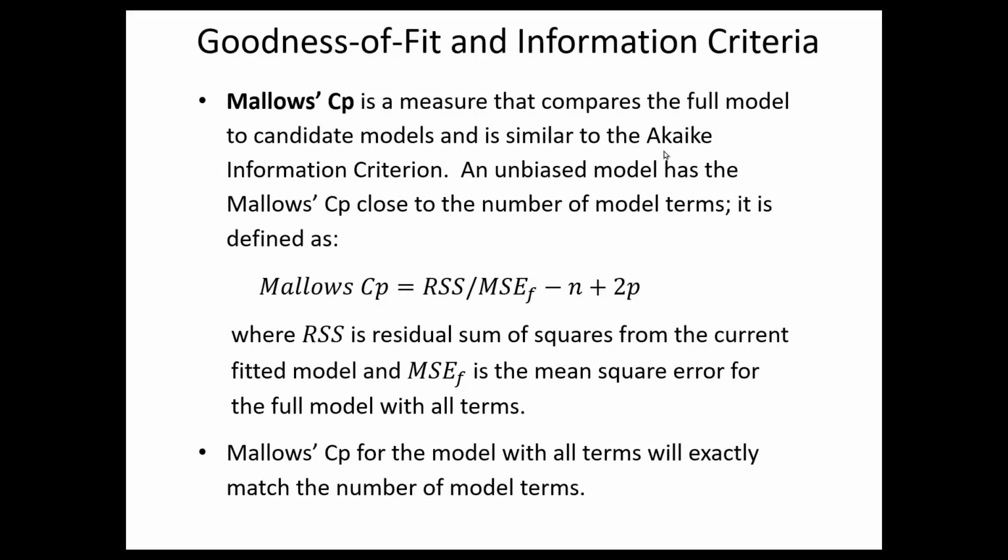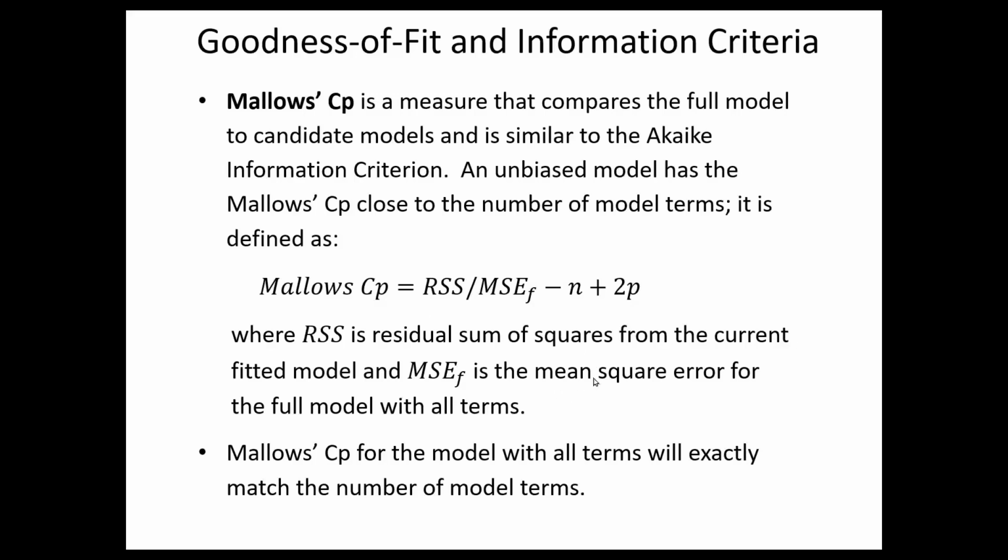It's kind of similar to Akaike's information criteria, and it's harder to interpret. An unbiased model has the Mallows Cp close to the number of model terms. We include it in the stepwise reports mainly for legacy purposes, for people who like to use this as a metric. But AICC and BIC are the metrics that we recommend.